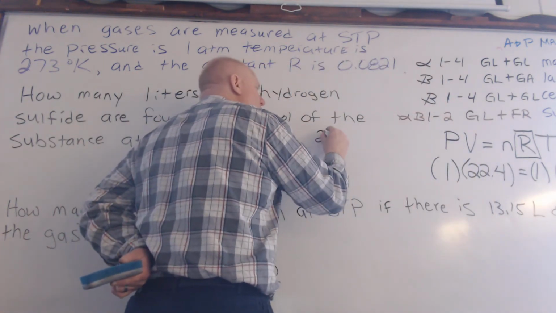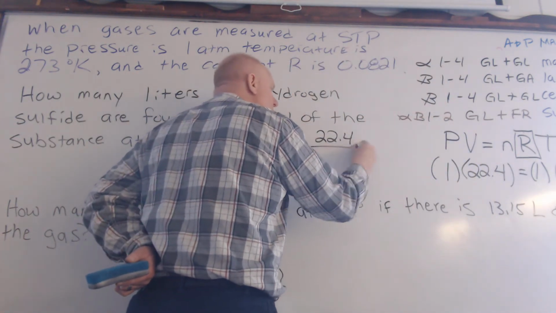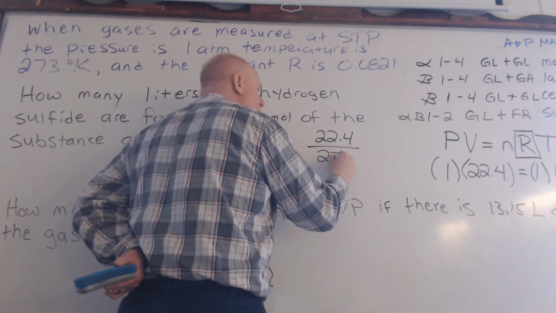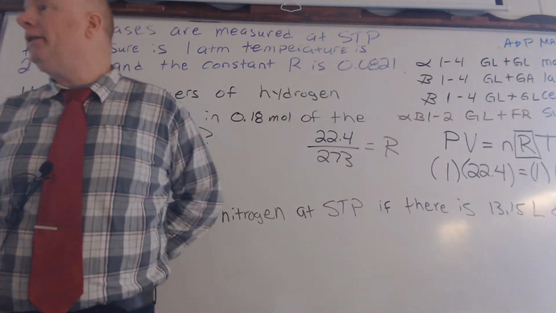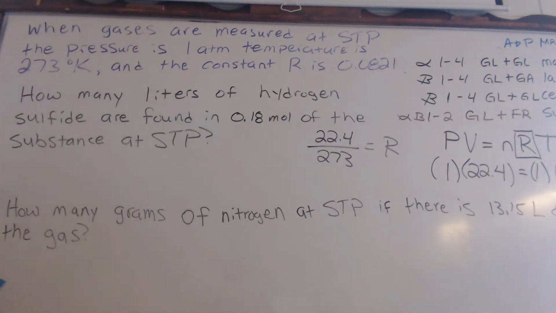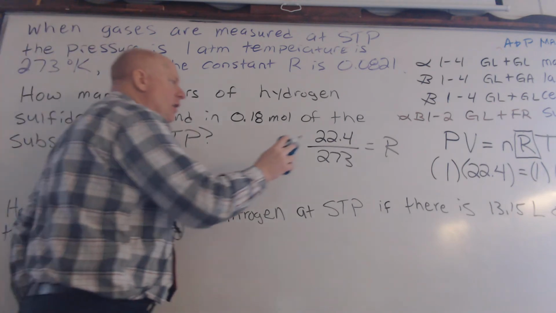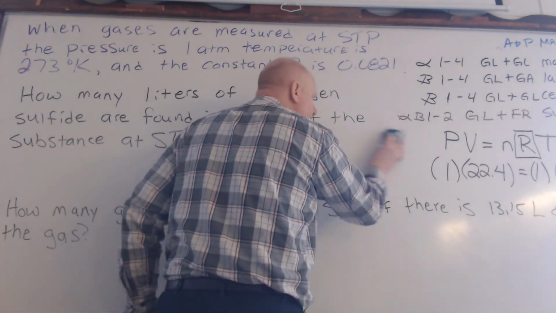So if we take 22.4 and divide that by 273, that equals R. And no surprise, when you divide them out, you get 0.0821. That's where that number comes from when these gases are measured at STP.